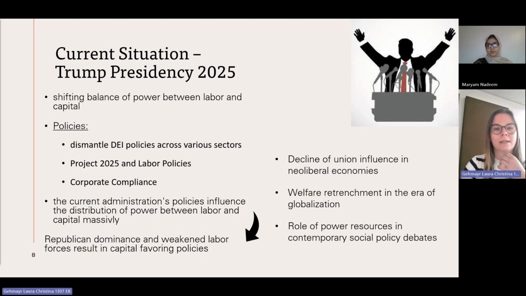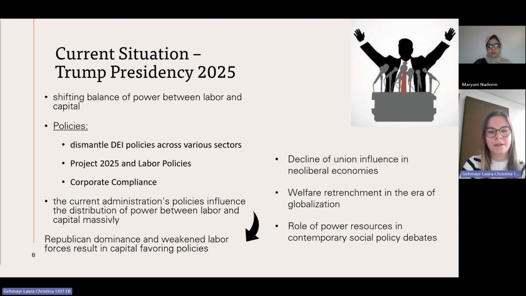The first one is dismantling DEI policies. So Trump's administration has worked to remove diversity, equality, and also inclusion programs across various sectors, particularly in the government and also in higher education. Only in the past days, we have seen that the administration has actually banned these words in public offices.